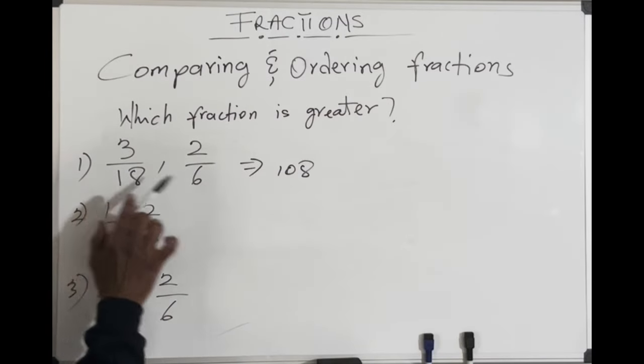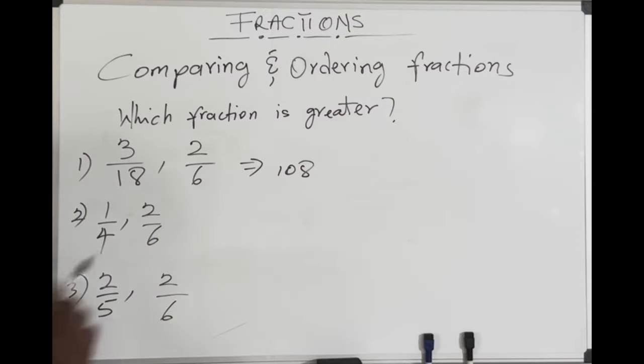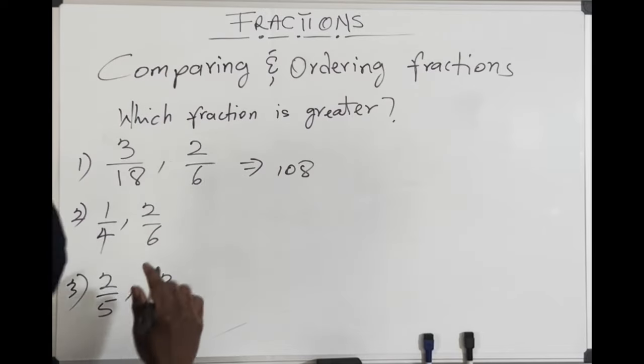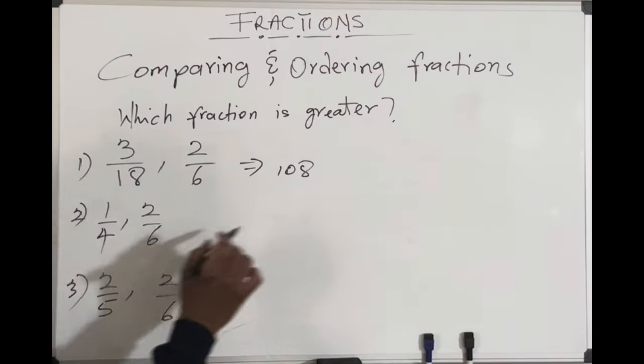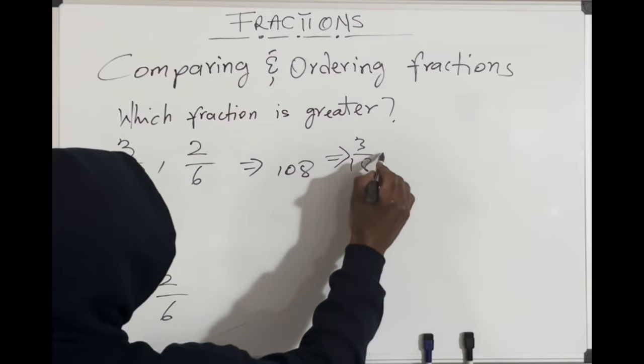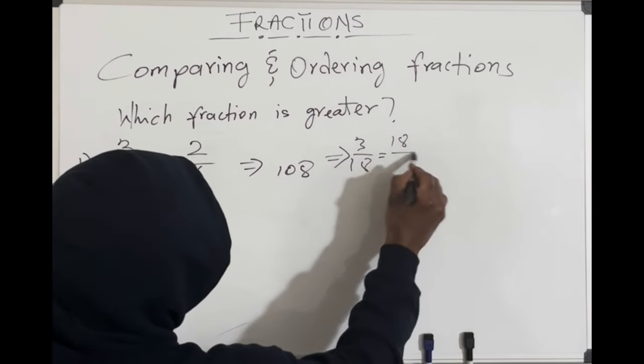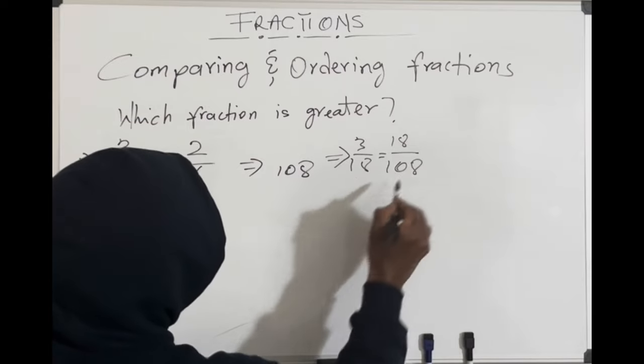And then 18 times what number will give us the 108? When we get that number, we multiply it with the 3. Okay. All right. So 108 divided by 18, we get 6. So 6 times 3 is what? So 3 over 18 is now 6 times 3, which is 18 over 108.